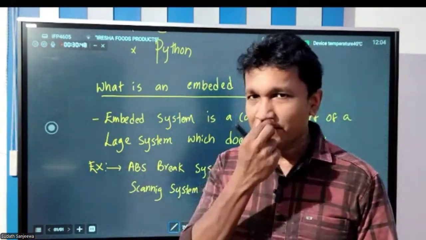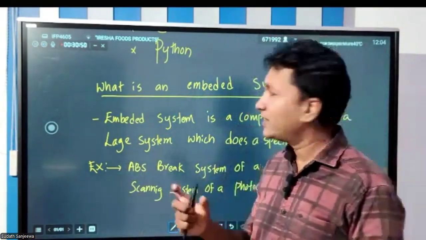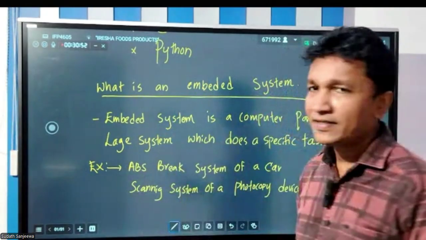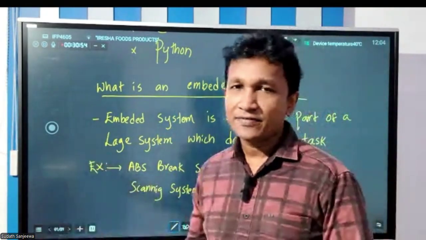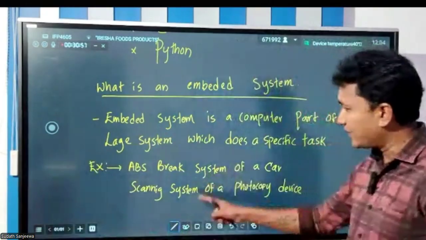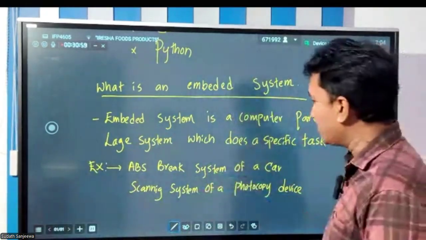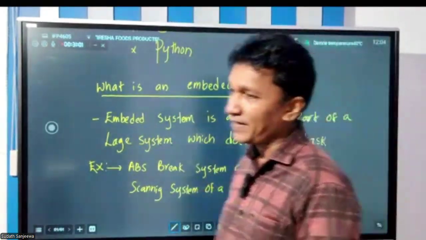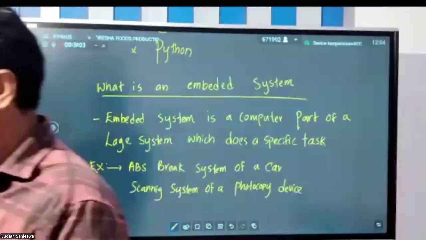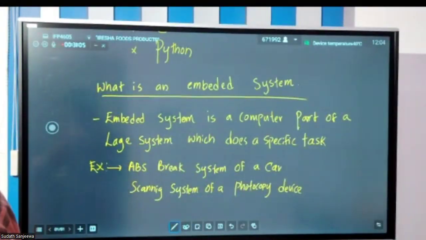We call that an embedded device, an embedded system. So that is inside the photocopy device, right? So that scanning system is an embedded system of the photocopy device. That is a subpart of the main system.